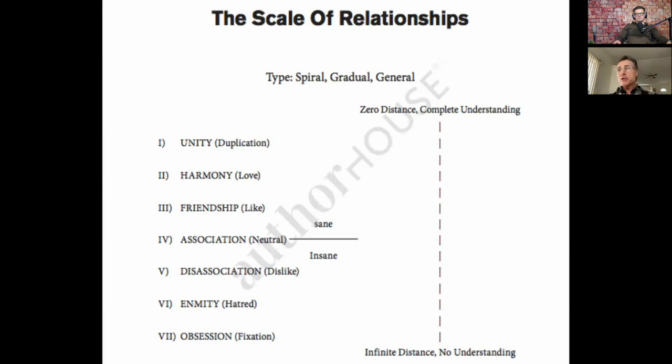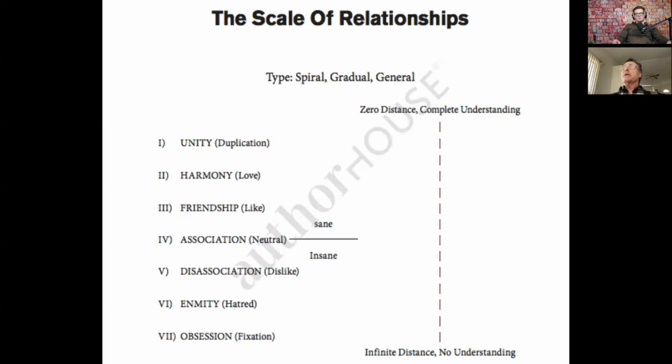So this is what you see when you have countries at war with one another, or gangs that are at war with one another, or somebody who is not necessarily obsessed, but he hates. In other words, there were lots of whites on the American frontier who hated Native Americans.